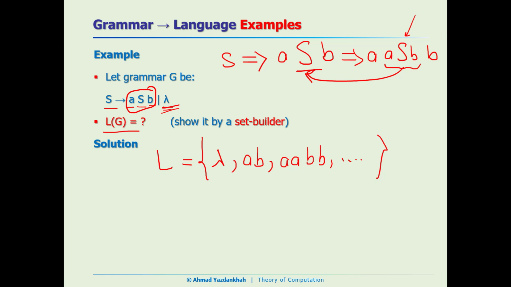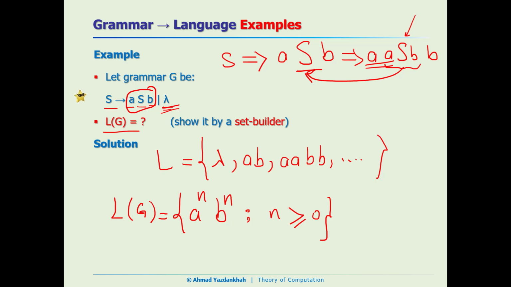This is our famous language: L of G is equal to A to the N, B to the N, such that N is greater than or equal to 0. As you see, the number of A's and the number of B's is always the same, because when we substitute this S with another ASB, we add one A on the left and one B on the right.